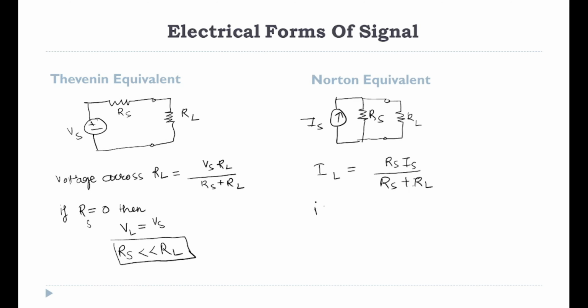If the source resistance is infinite, then we get the load current equal to Is, because if this resistance is very high, then all the current goes through the load resistance. So the condition is that Rs should be very much greater than RL.